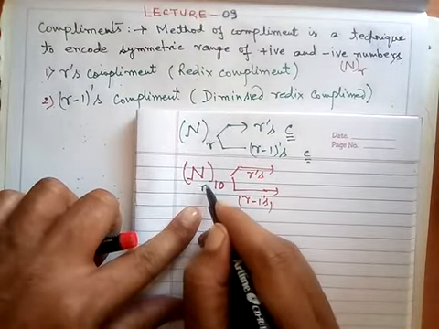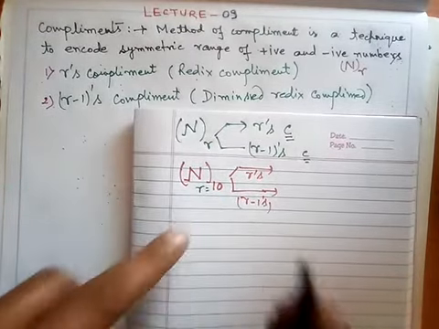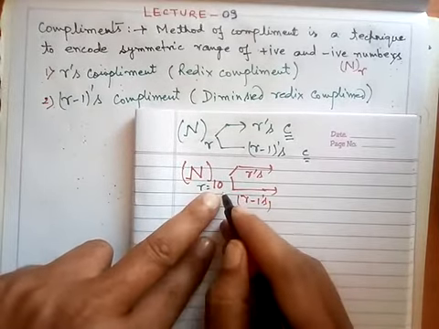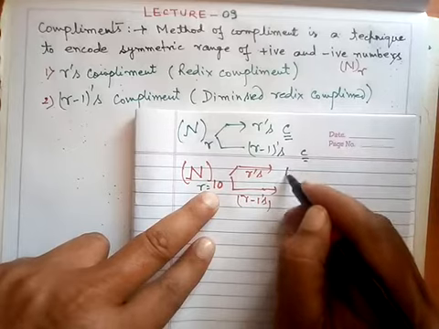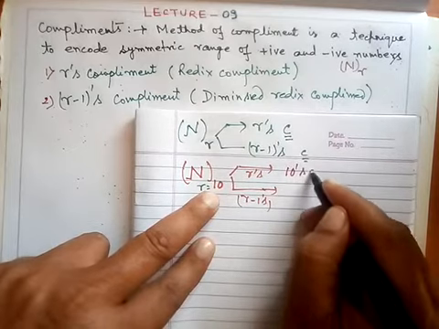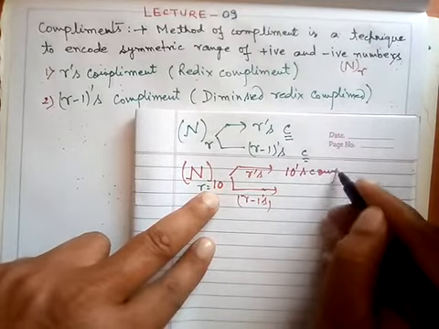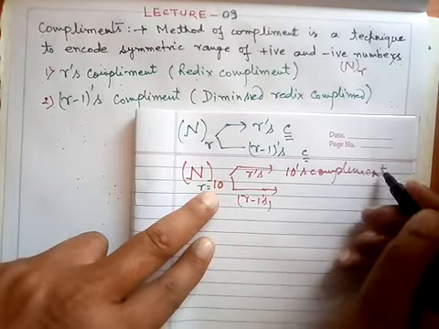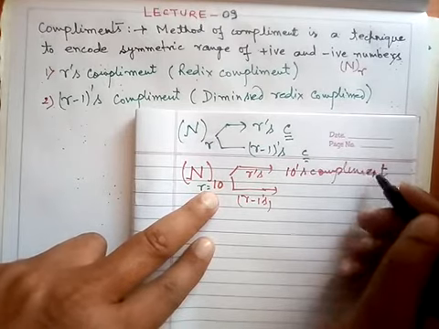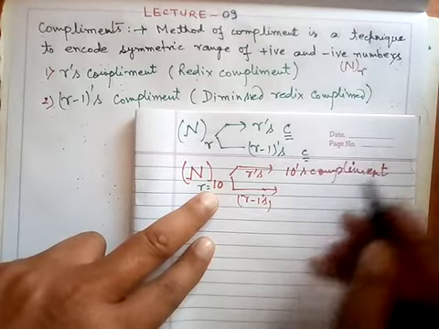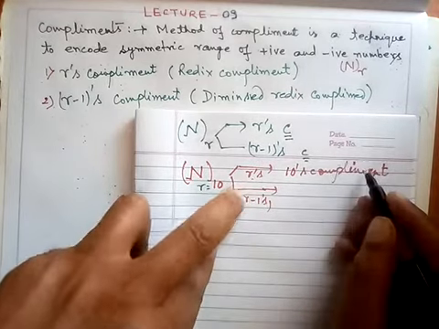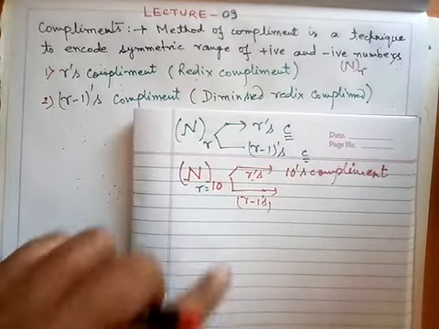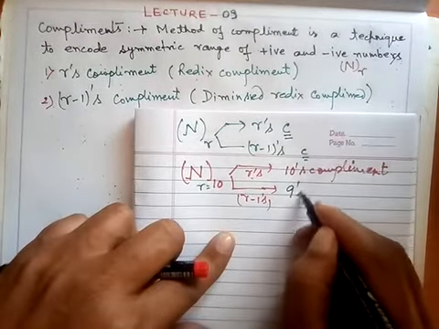So a decimal number, or a number with base 10, will have 10's complement. R's complement is 10's complement, and R minus 1 means 10 minus 1, so it is 9's complement.